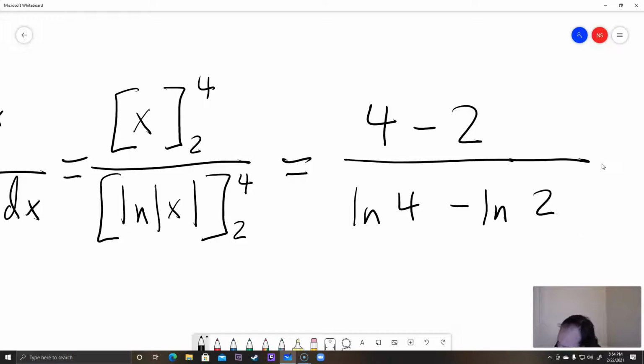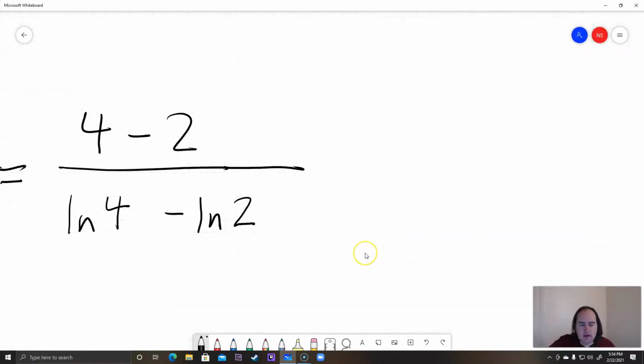Okay, so we really just have ln of 4 minus ln of 2 on the bottom. Okay, and then we can simplify this a little bit. So on the top we have 4 minus 2 is 2, and then on the bottom we have ln of 4 minus ln of 2. Now there's a couple ways you could simplify this.